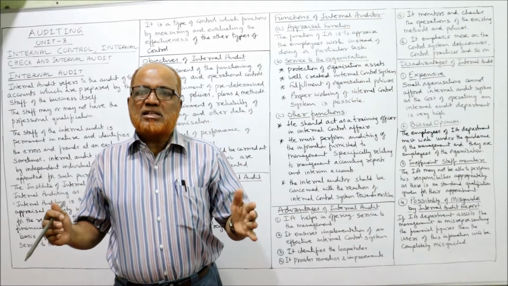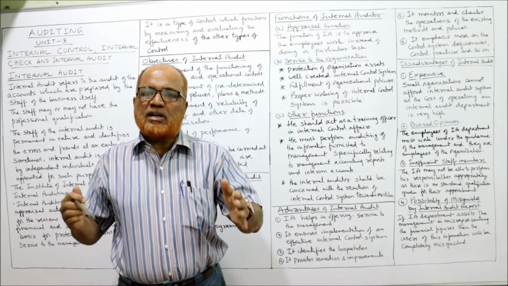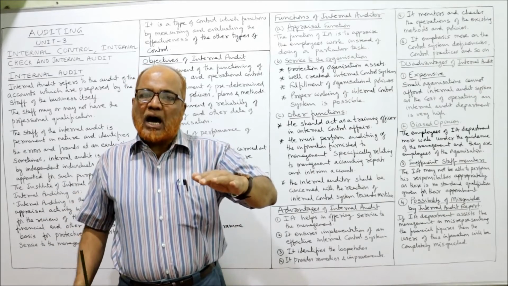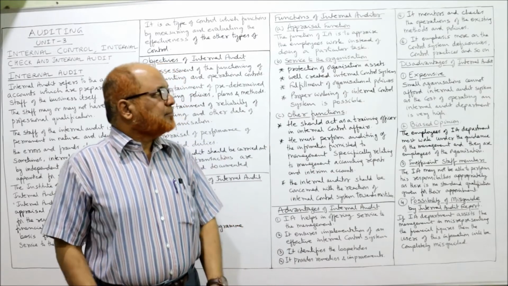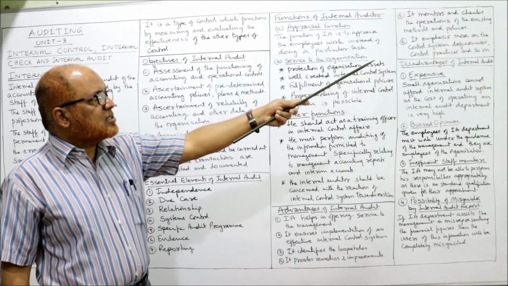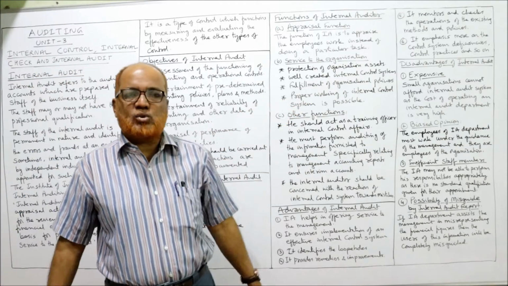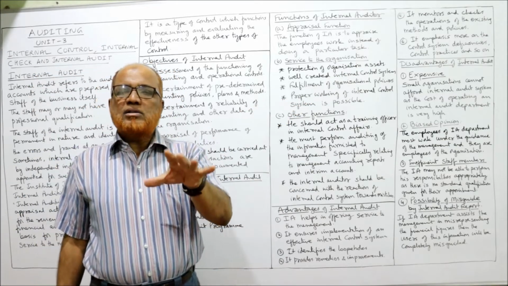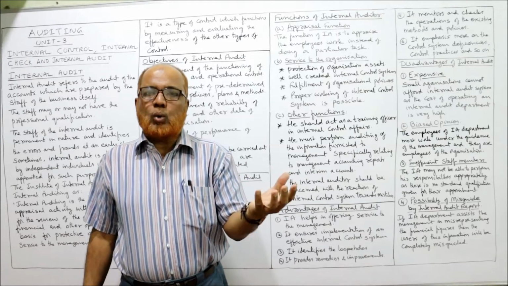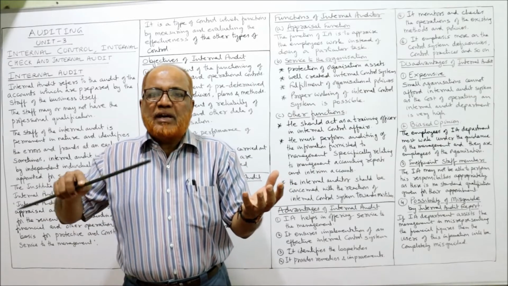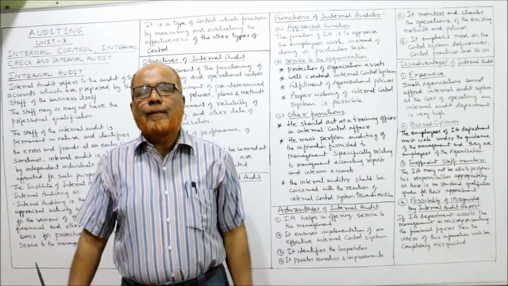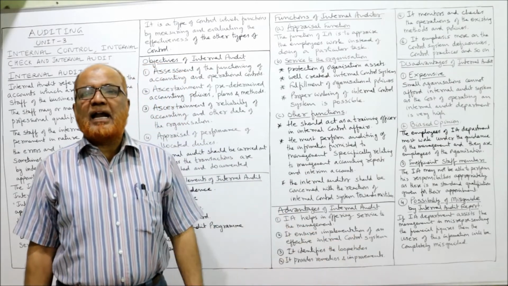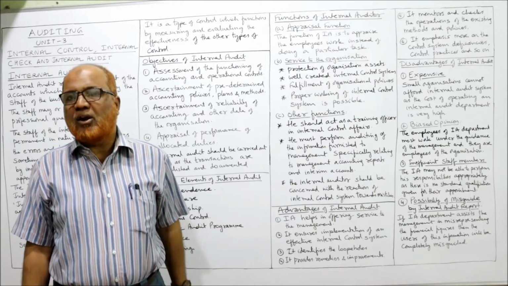What are the existing methods being adopted? What are the policies of the management? Are they implementing or not? Or are there any chances of making more improvement? Like that. Next, it emphasizes more on the control system deficiencies, control practices, and so on. The main concentration of internal audit is control. Whether everything is being controlled or not, this is checked by internal audit.